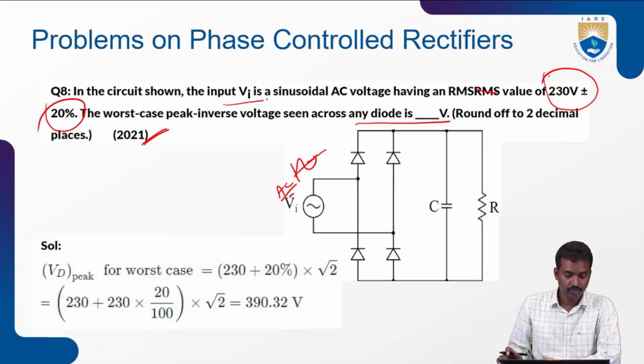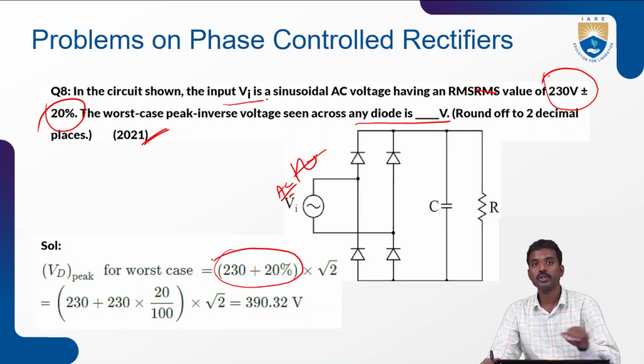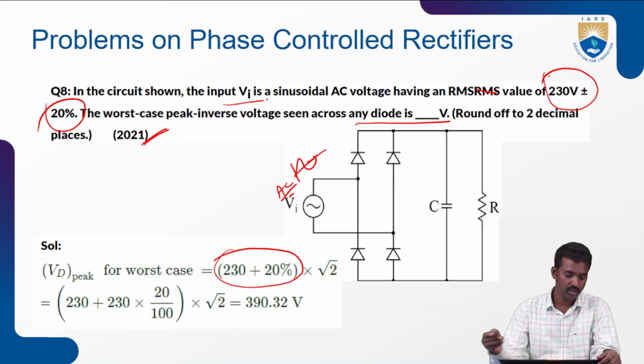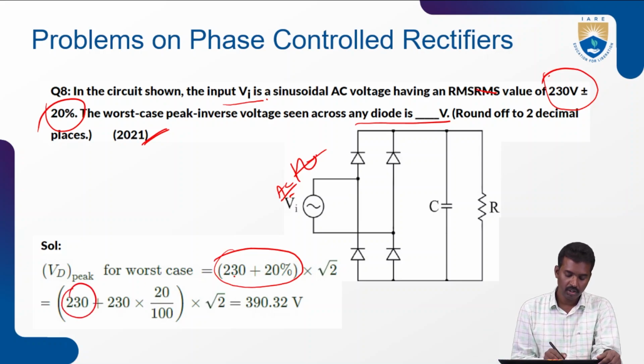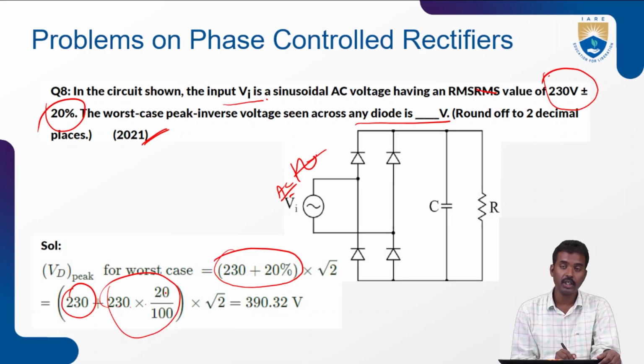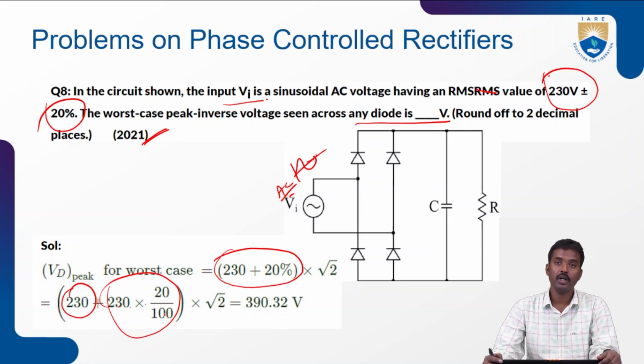Now here, the worst case is 230 plus 20%, and 20% means 230 into 20 by 100.